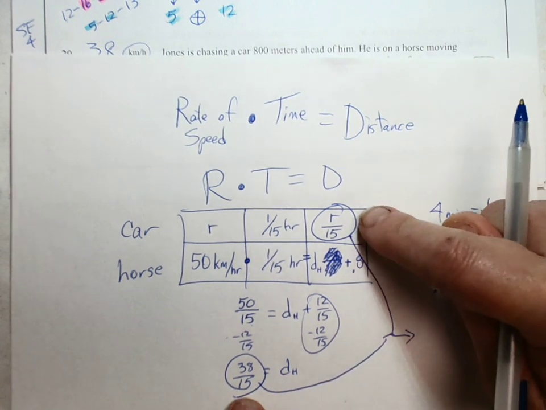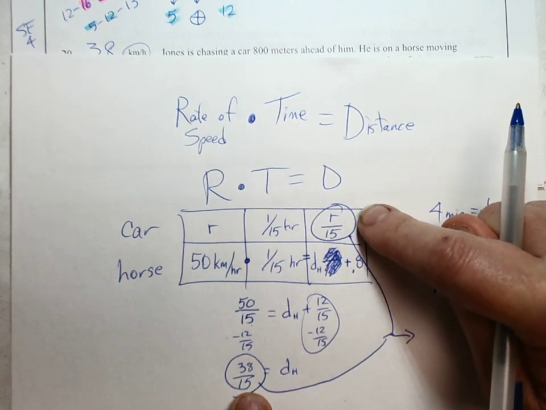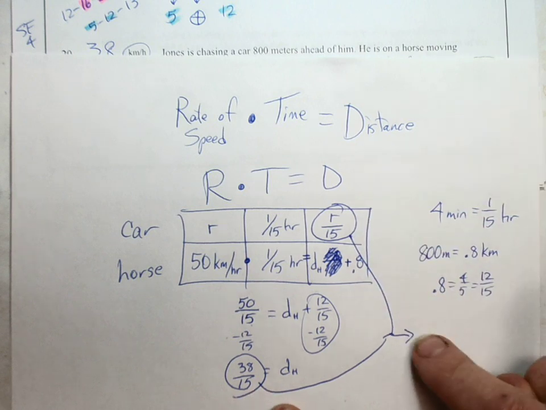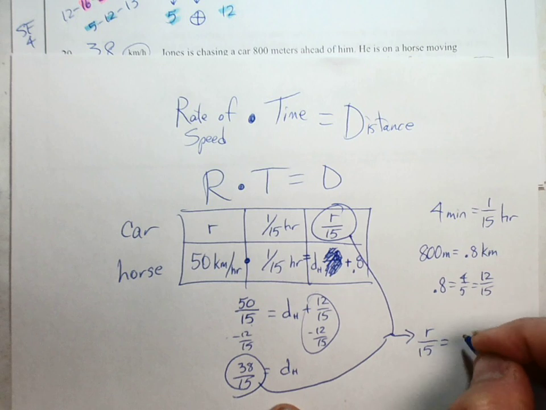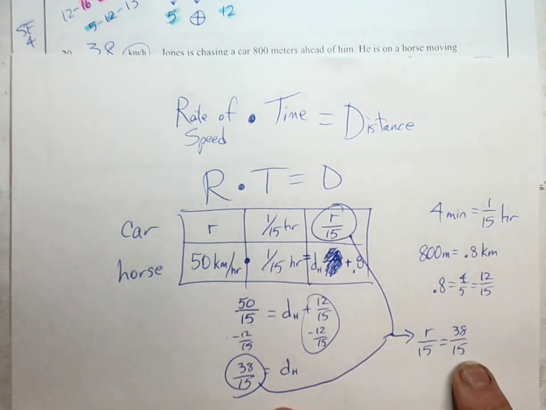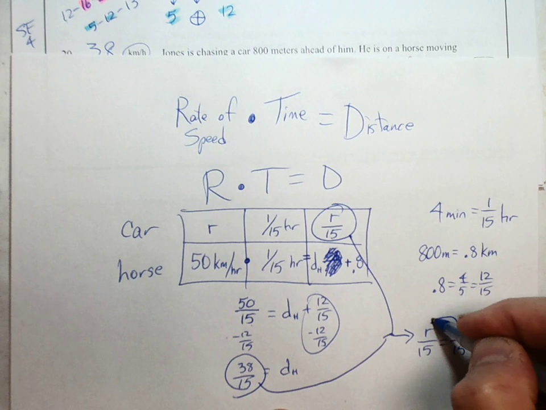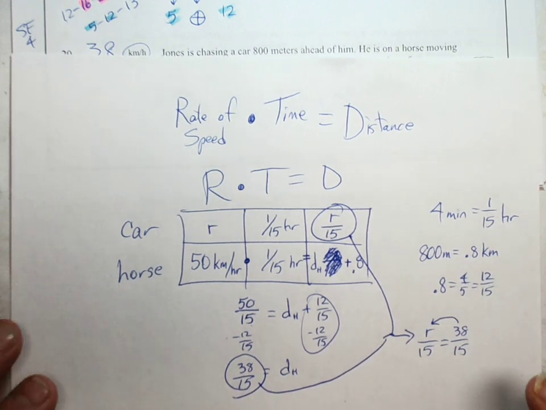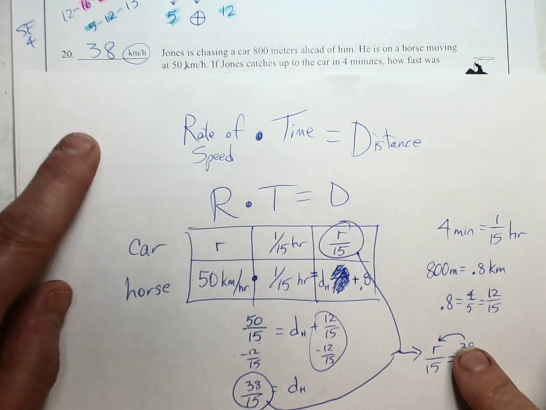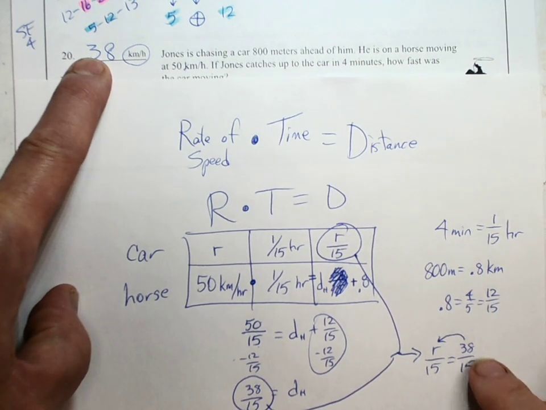If you're going to catch someone who has a head start, your distances will ultimately be equal. And I really don't need this step, but I'm going to do it anyway. What's R equal to? Well, if your denominators are the same, in a proportion, your numerators have to be the same as well. Hey, look at that. I got 38.